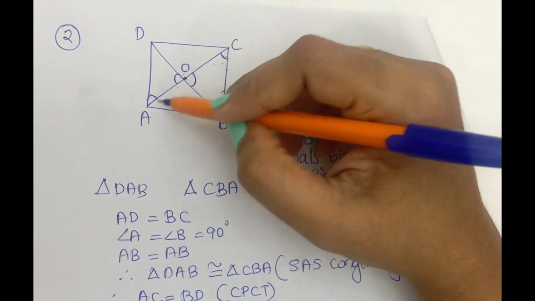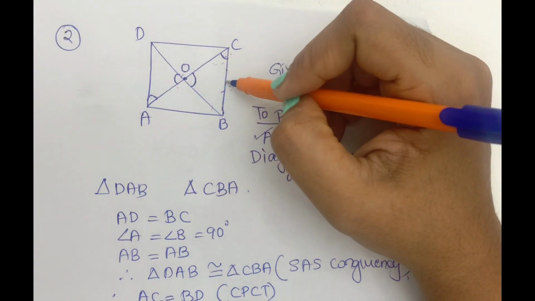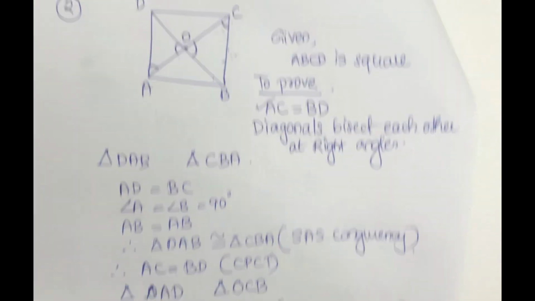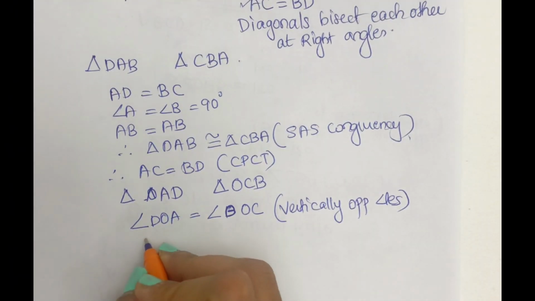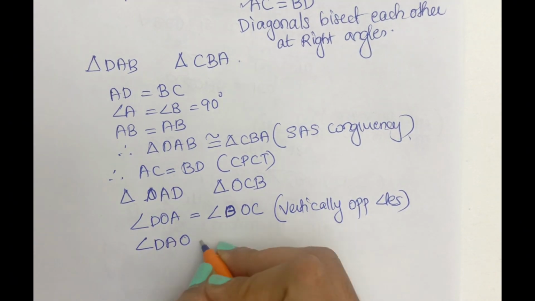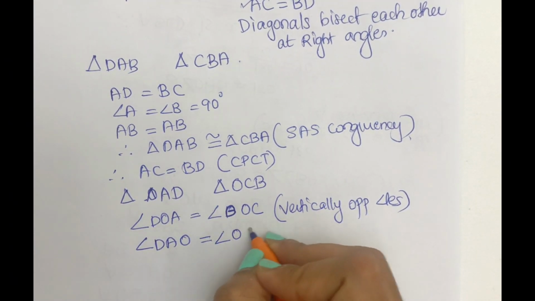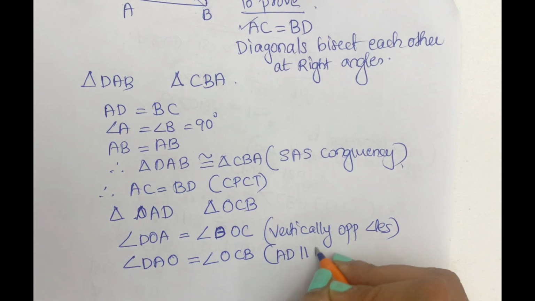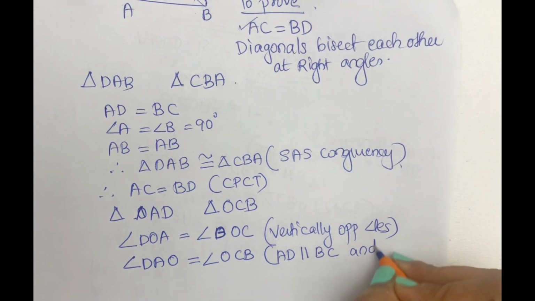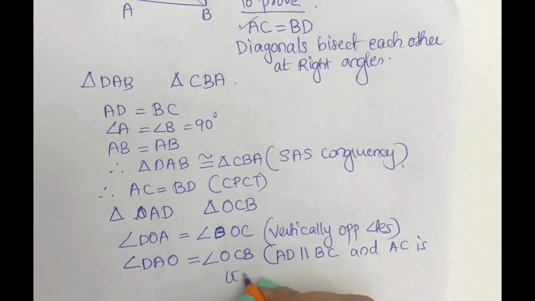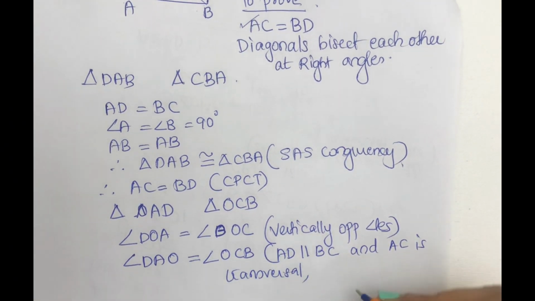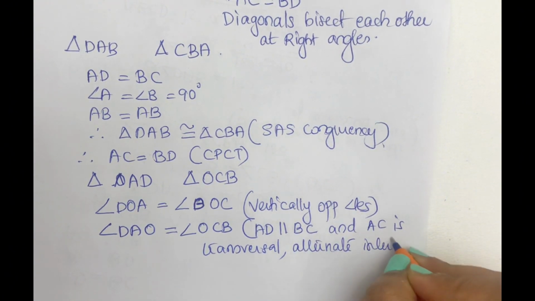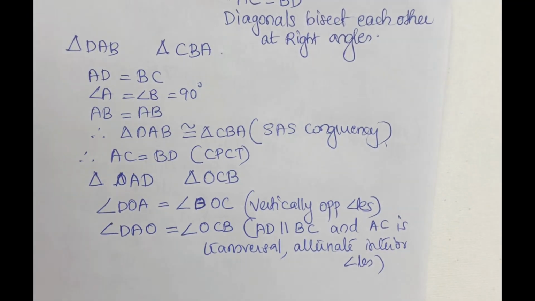AC is a transversal of parallel lines AD and BC, then angle DAO is equal to angle OCB, by AD parallel to BC and AC transversal, therefore alternate interior angles. That's why they are equal.